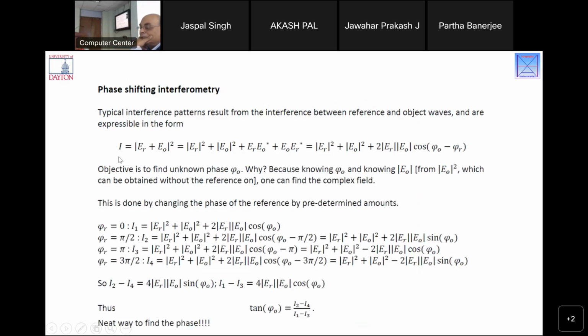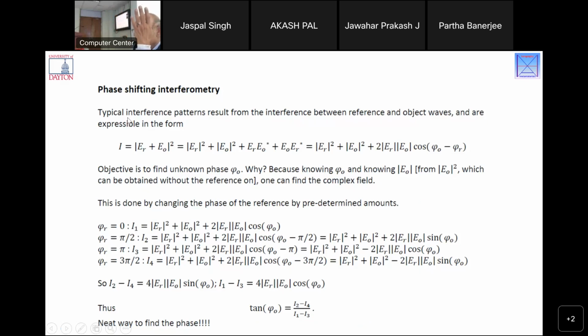So let's look at this expression, and just for fun, let me set phi r equal to 0. Everything is relative, understood; phi r may not be 0, maybe something else, but let's take a simple case. Phi r equal to 0.